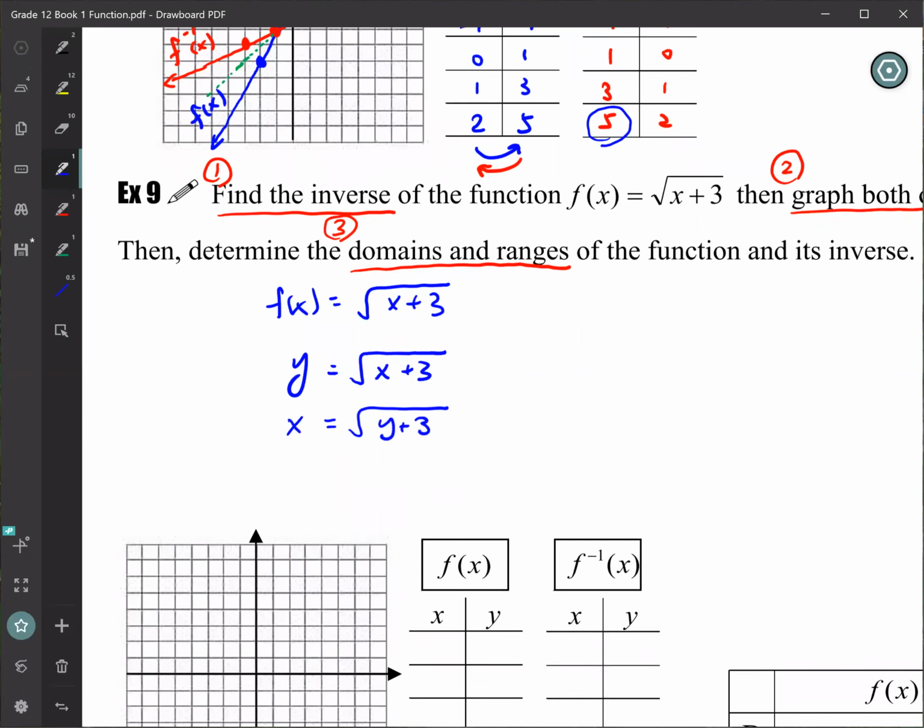What is step 3 then, Catherine? Are you there? What does it say for step 3?